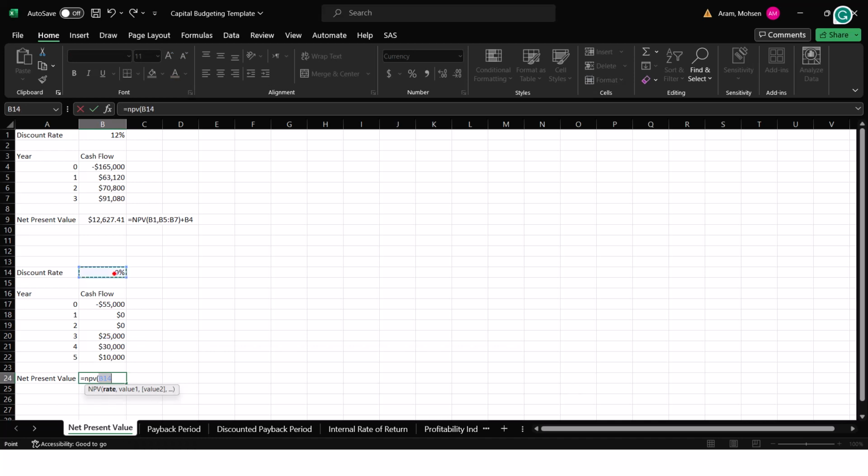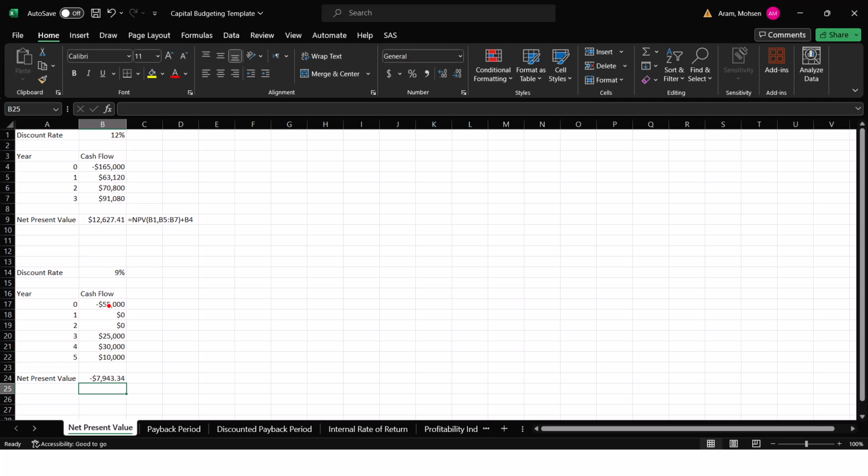The rate is 9%, and then the cash flows, you start with cash flow 1, and then add the cost of the project. So in this one, the NPV of the project is negative 7,947. So we will accept the first project because the NPV is positive, but reject this one because it gives you a negative NPV.